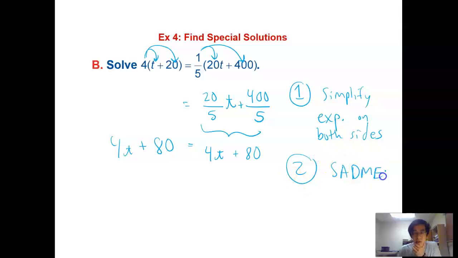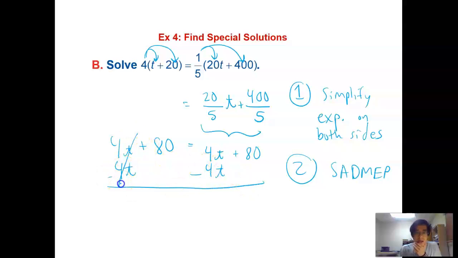So, if I want to get to the second step of this, right, where I use SADMET to get the variable by itself, because look over here, I can't combine like terms on either side. I can't simplify either expression on both sides of the equation. So now it's time to move stuff around back and forth. If I try to get the t on both sides of the equation, I will subtract 4t on both sides. Right?